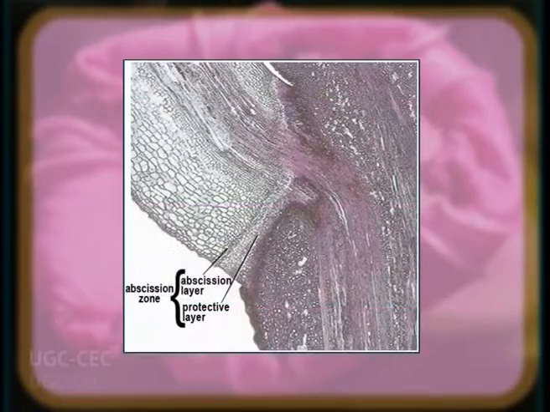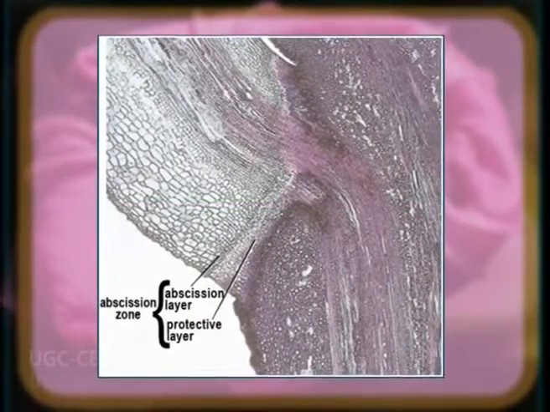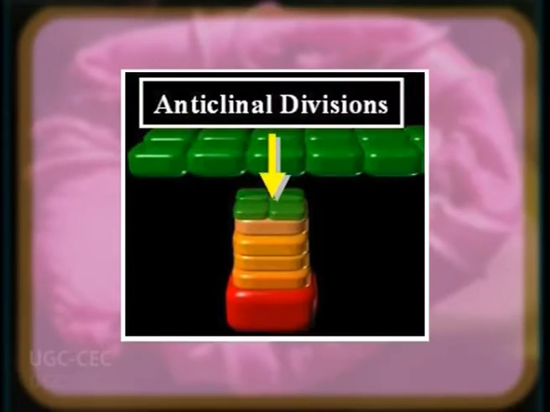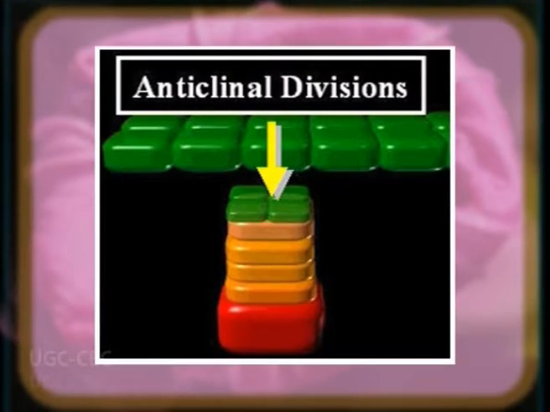The abscission zone consists of one or more layers of thin-walled parenchyma cells resulting from anticlinal divisions across the petiole. In some species, these cells are formed even before the leaf is mature.